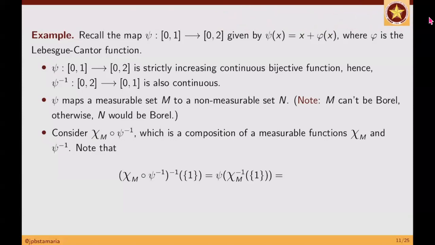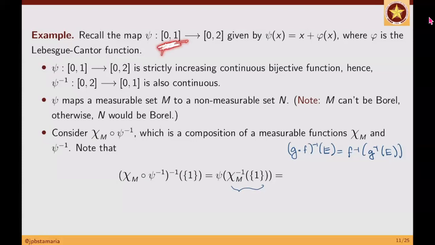Nanggaling siya sa property na ito: if you get a set E, nagre-reverse yung order. Alright. Ang tanong, anong inverse image ng singleton 1 under the characteristic function? Babalikan mo yung definition. Remember, ang domain ng chi M ay 0, 1.